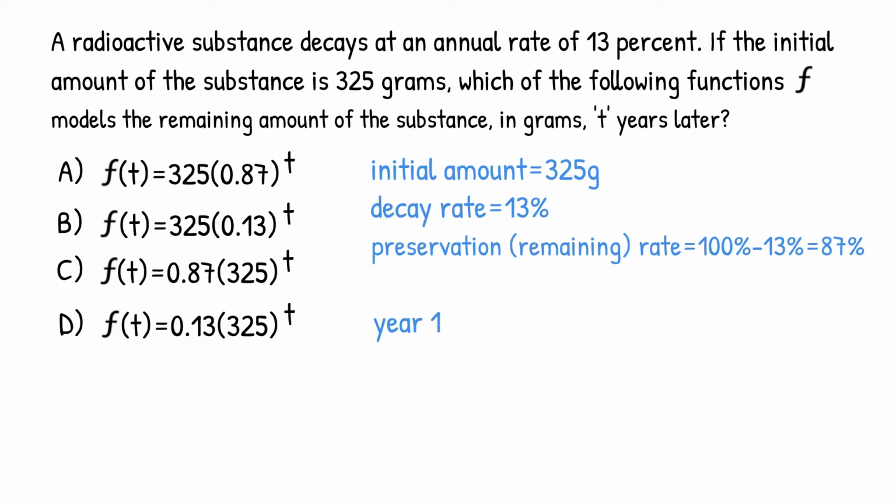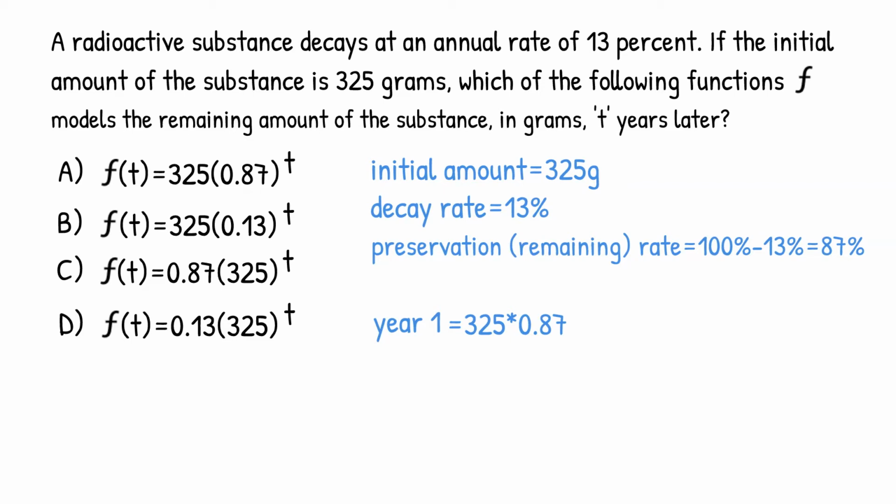However, it is losing its mass, and that means that 87% of the amount is represented by the number 0.87. So if we are to multiply 325 by 0.87, it is the same as saying that we keep 87% of this amount, 325.